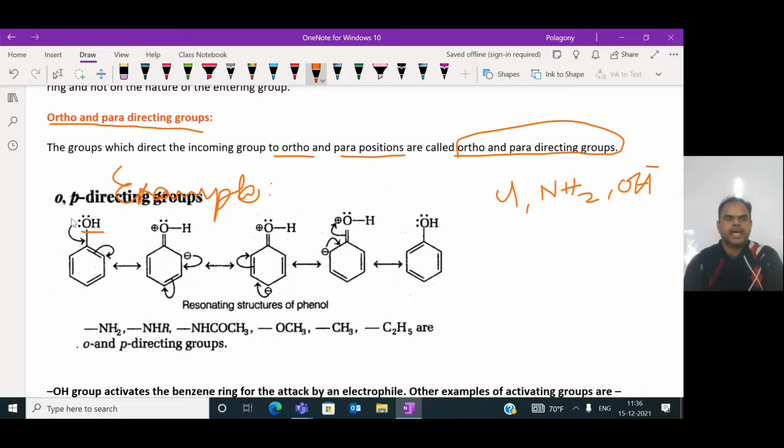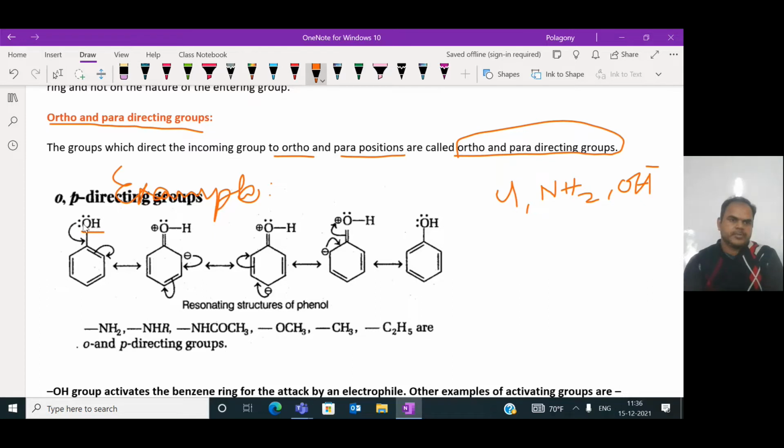This OH has oxygen, which consists of 2 lone pairs of electrons. This OH functional group influences other groups to attack on the ortho position and para position. Let us see how that OH will influence.